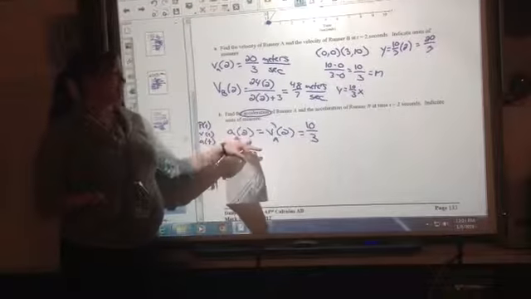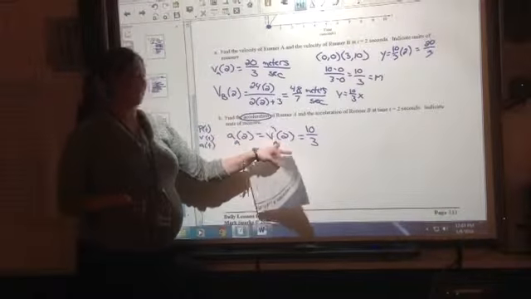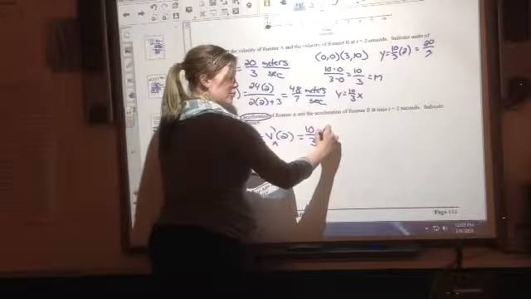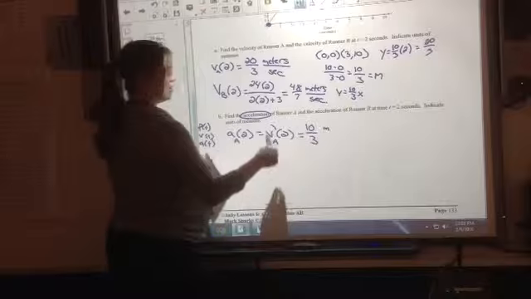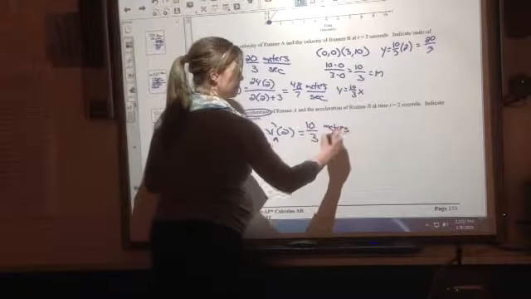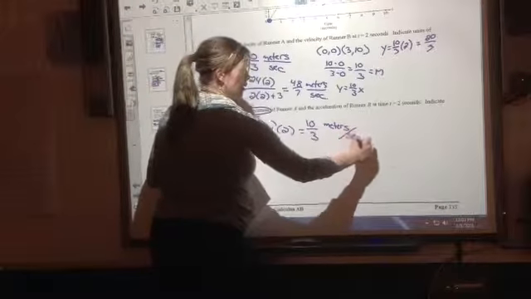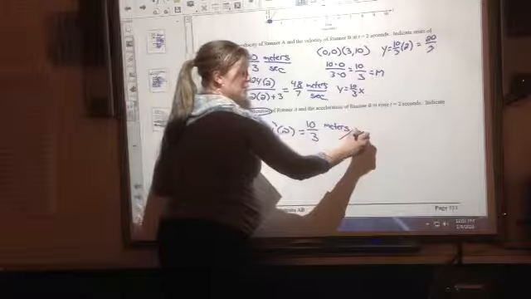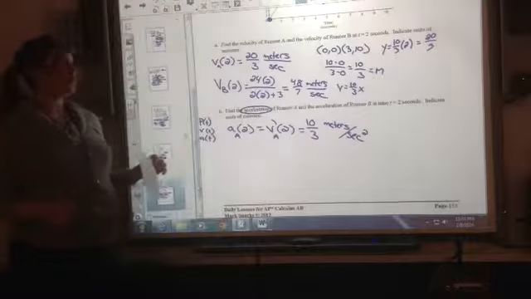The acceleration at 2 is the derivative of velocity, so the change in velocity over time. Velocity was meters per second, but then I've got the change in velocity over the change in time, so this will become meters per second squared.